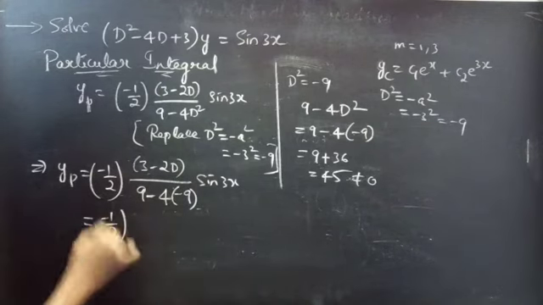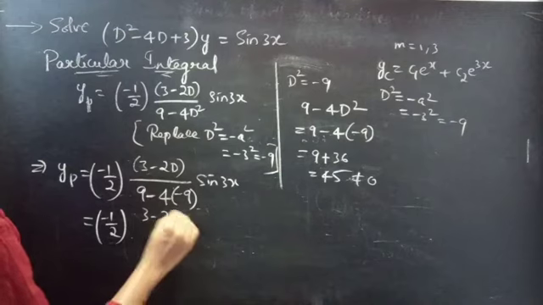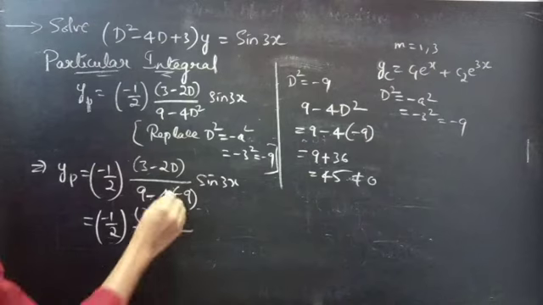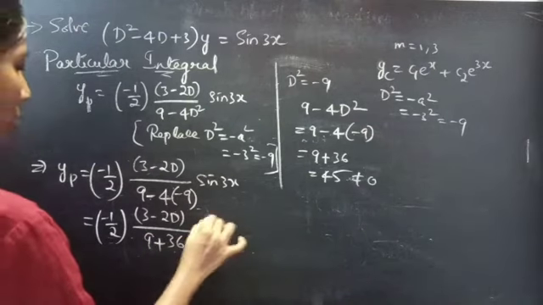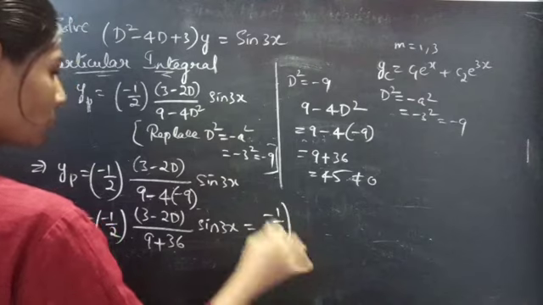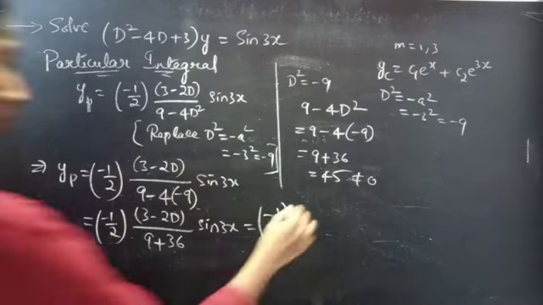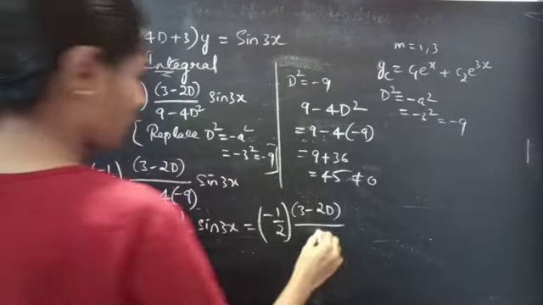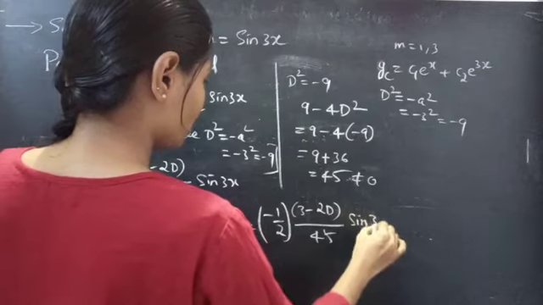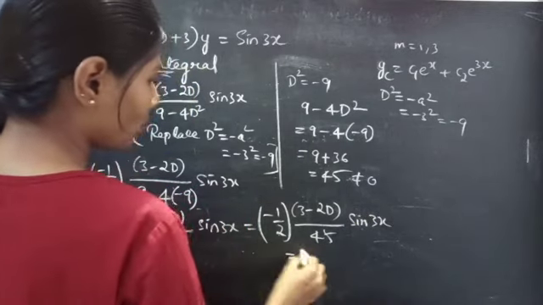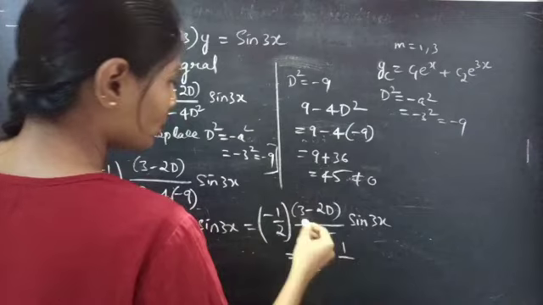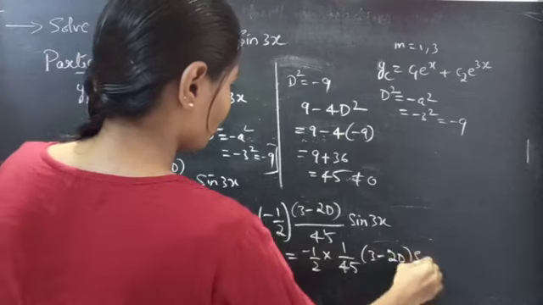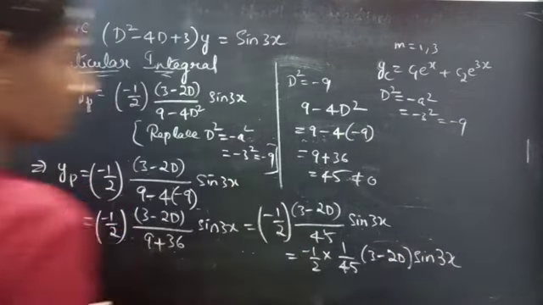Equals minus 1 by 2 into 3 minus 2D by 9 minus into minus plus 4 3s are 36 into sine 3x, which is equal to minus 1 by 2 into 3 minus 2D by 9 plus 36, 45, into sine 3x. We'll split this as 1 by 45 into 3 minus 2D into sine 3x.